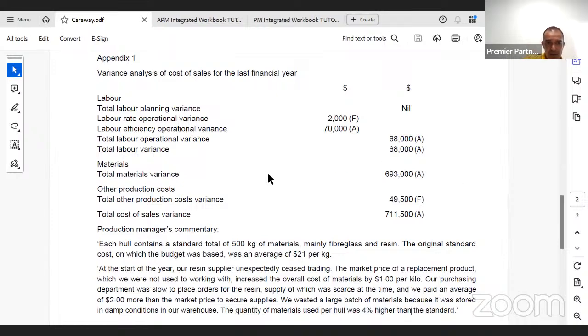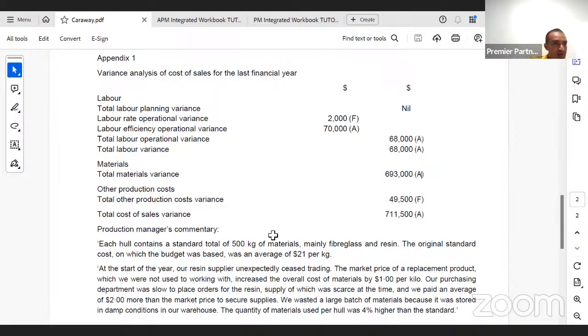Okay, now look at this. I'm only looking at material for now. Total material variance 693 adverse. I'll show you how the analysis is done. Actual quantity into actual price, that's how we calculate the price variance. 350 into 520 into 24 is 4.3 million. Then actual quantity into standard price.